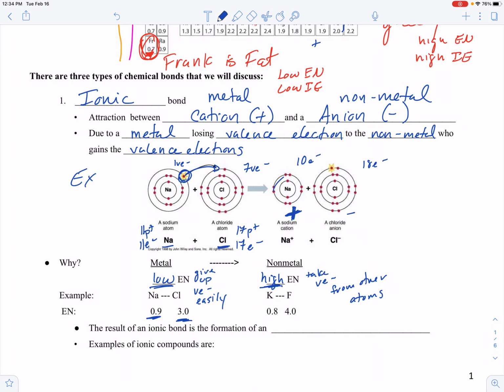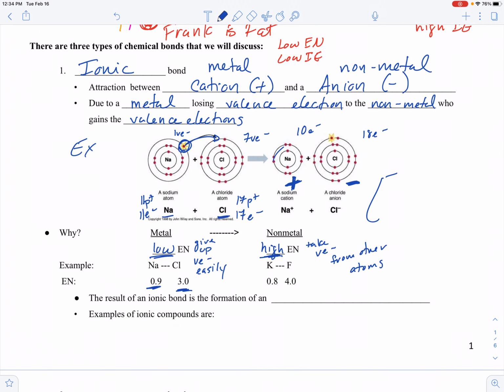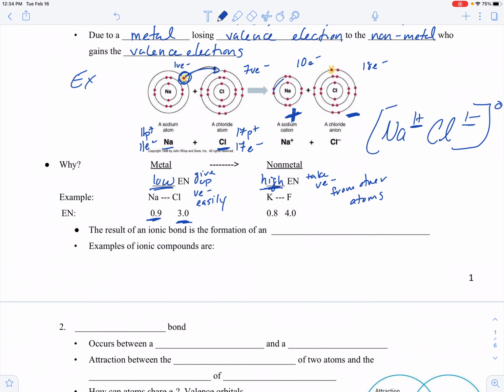And chlorine ends up with a negative charge because it's taken an electron. So because of those opposite charges, the sodium and the chlorine attract one another and form an ionic compound, which is a net neutral compound. So the result of an ionic bond is the formation of an ionic compound.